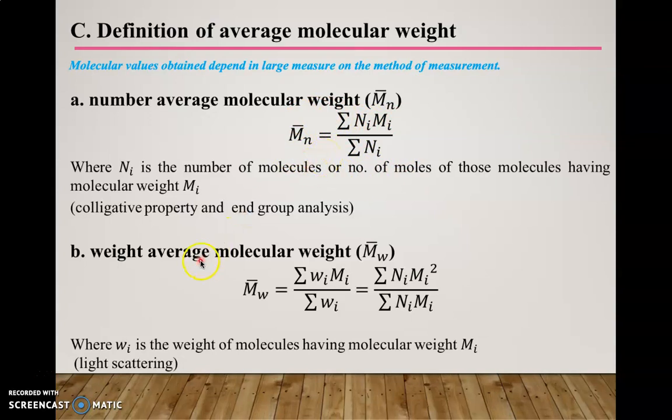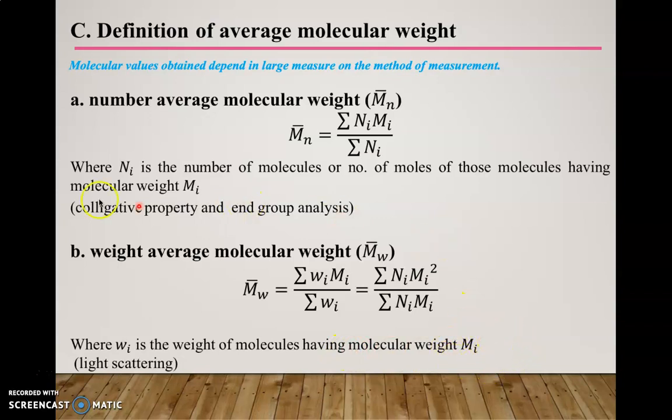Okay. Now, another type of average molecular weight that we use is the weight average molecular weight, represented by this particular formula. It is nothing but equal to summation WiMi upon summation Wi, where Wi is the weight of the molecules having a molecular weight of Mi.